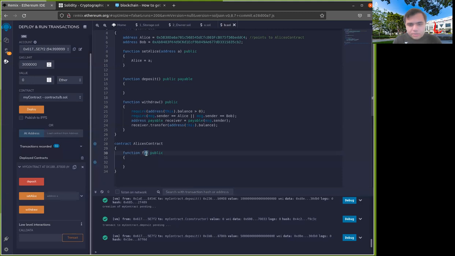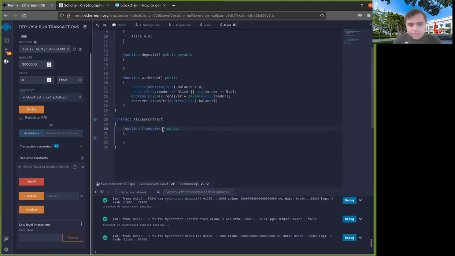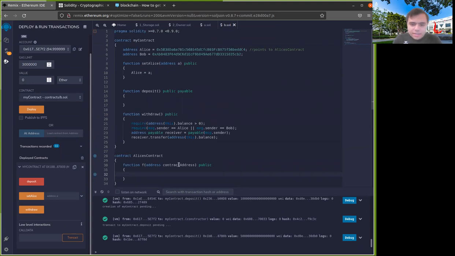So what I can do here is that I can say this new contract that I have takes the address of the original contract. Let's call it contract. Okay. So let's say I have a function like this, and let's say that the address that I'm passing here is basically a pointer to my previous contract.